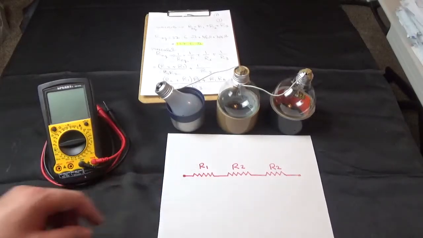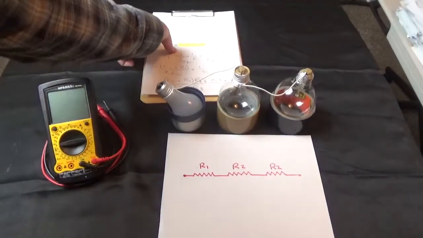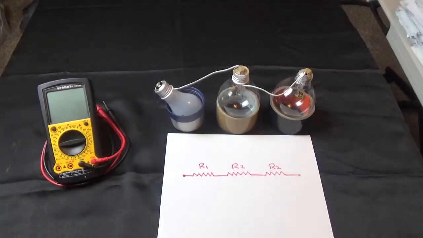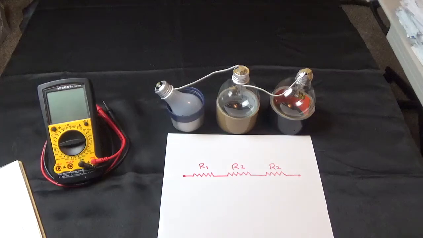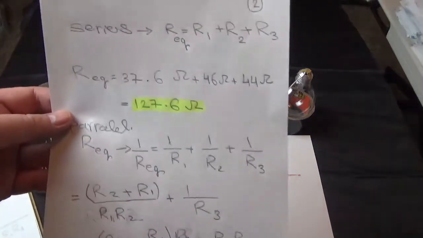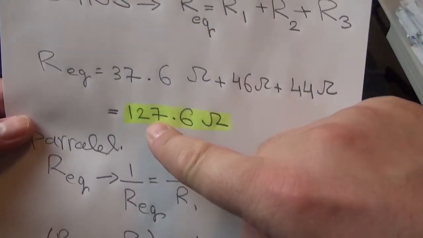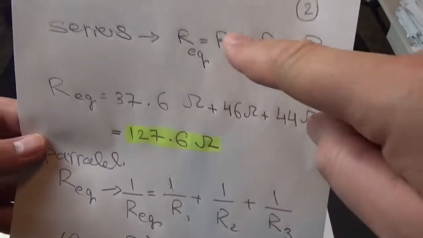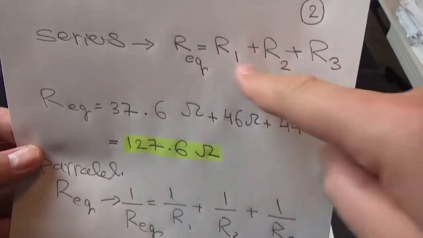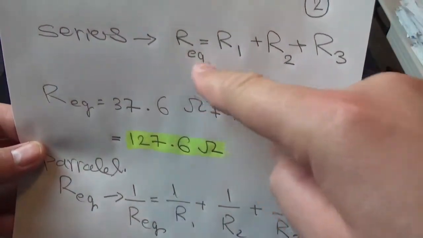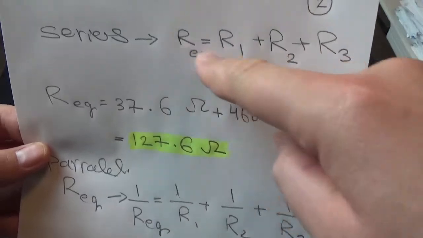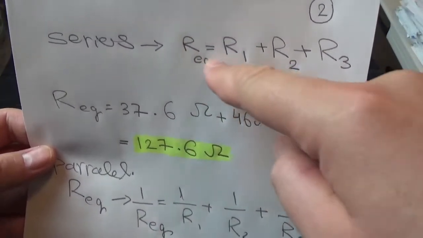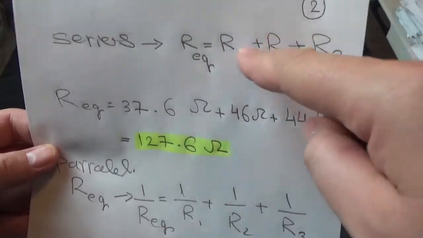So what we are going to do, guys, we are going to measure the equivalent resistance and make sure that the equivalent resistance is equal to, here you can see, 127.6 ohms. So this is the equation used to calculate the equivalent resistance for resistors that are connected in series.